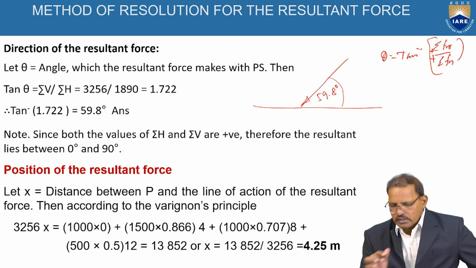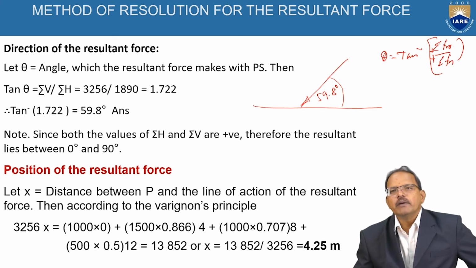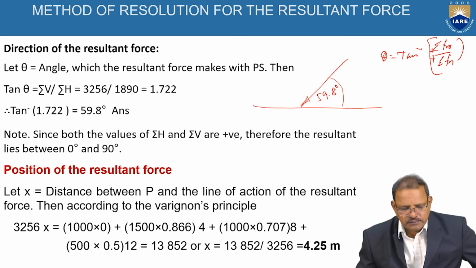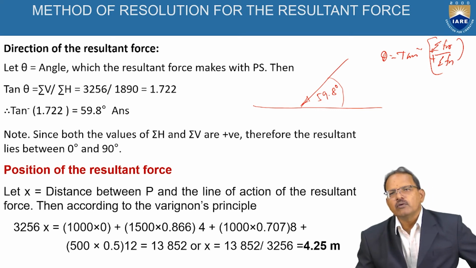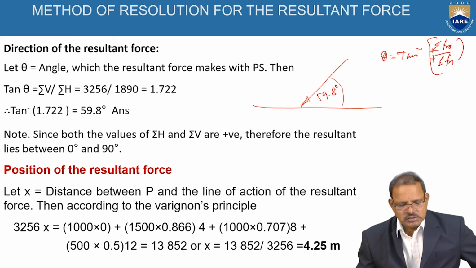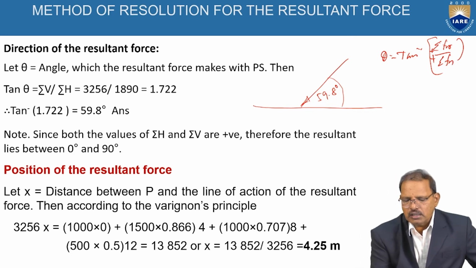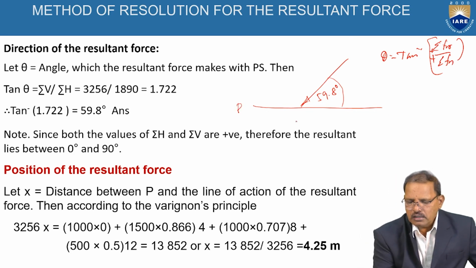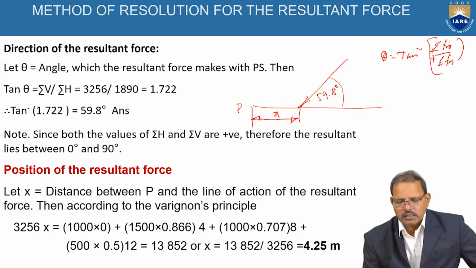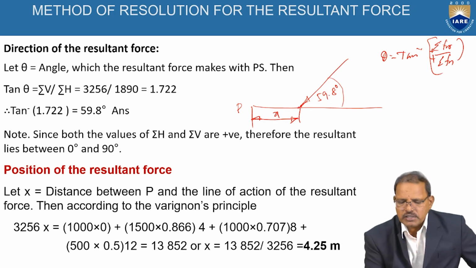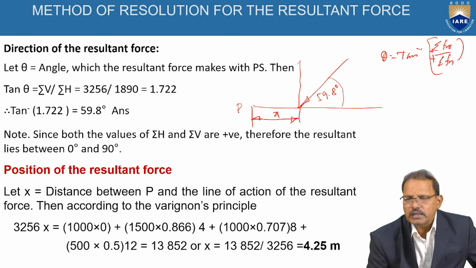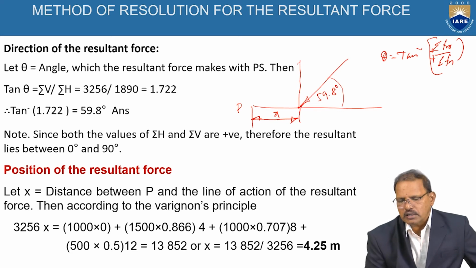Then according to the Varignon principle, the moment created by the resultant force at P should be equal to the moments created by the forces which are acting at P, Q, R and S. Assume this x is the distance between P and the point where the resultant force is acting. This resultant force should be resolved into two components, vertical component and horizontal component.